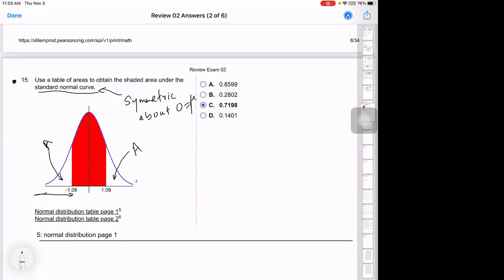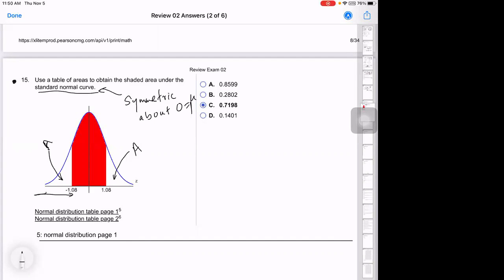So this question you can solve in different ways. I'll use the first technique which I told you, taking the difference. I'll write the steps here.